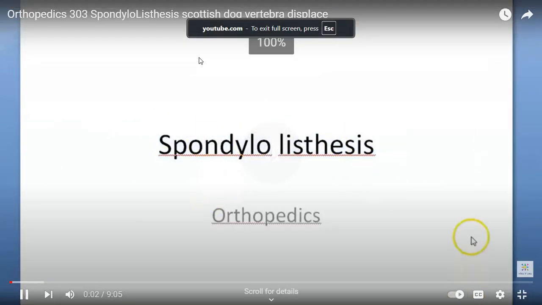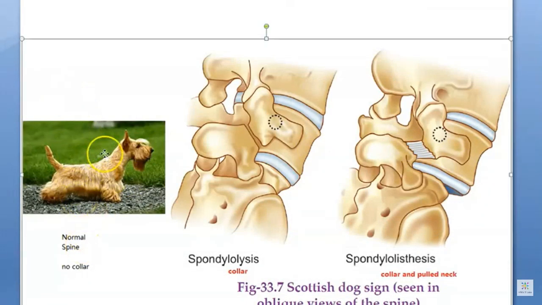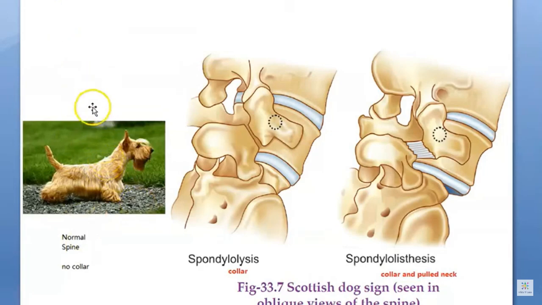In this video, let us look at this topic, spondylolisthesis. So look at this image here. The normal spine will have this Scottish dog shape, the gateway of the vertebral plate.